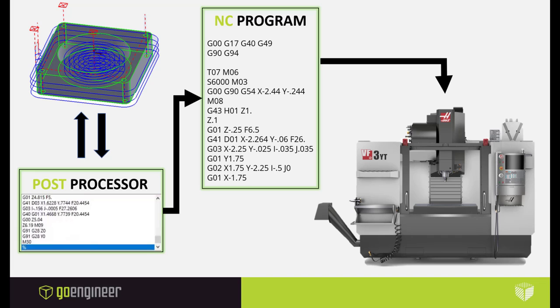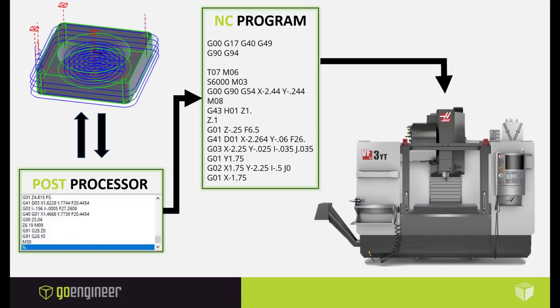The machine's controller plays an integral role in the machining process since its main function is to execute the NC program by controlling the machine's motors and auxiliary functions such as coolant and tool changes. There are several different manufacturers who make controllers, and they each have their own unique way of reading and executing G-code.